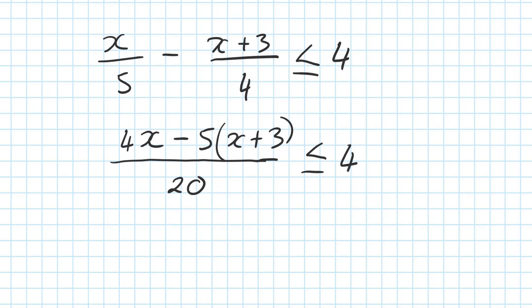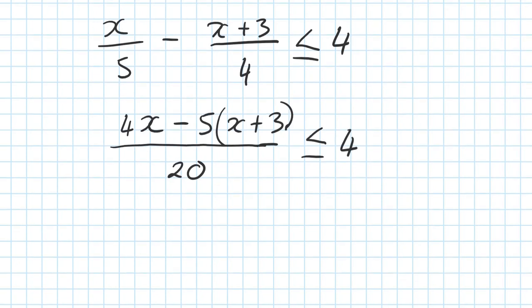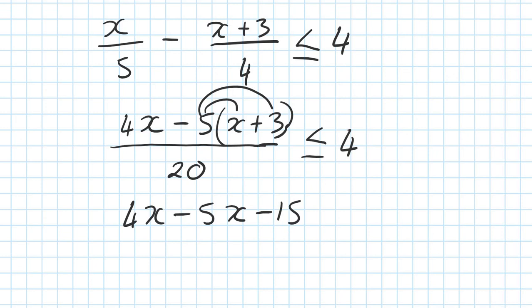Now I just remove the bracket. So I just go 4x, 5 times minus 5 times x is minus 5x, and then minus 5 times 3 is minus 15, which is less than or equal to 4, and everything over 20, of course.